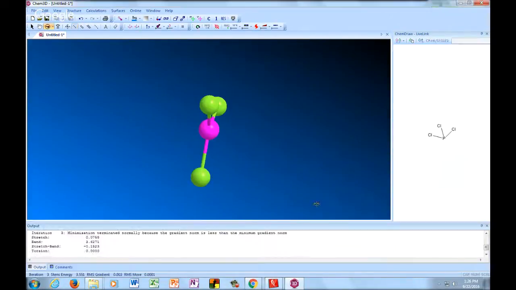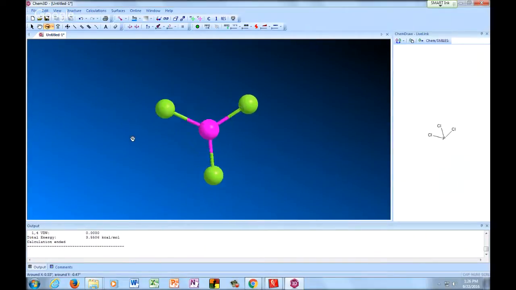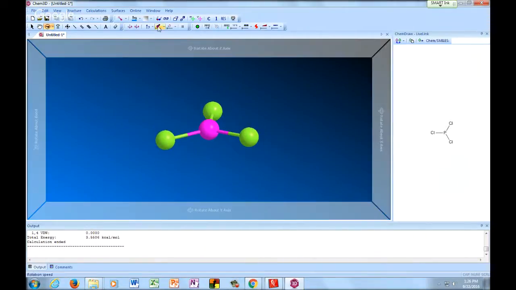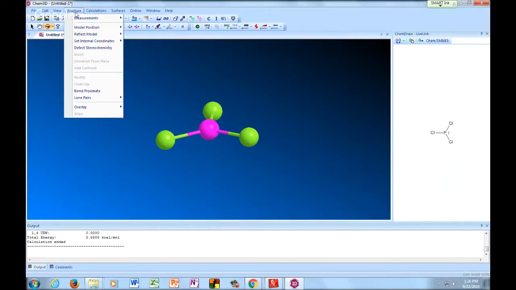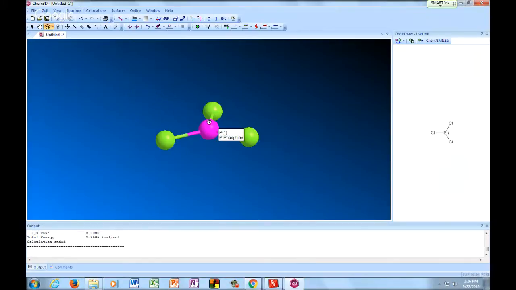Let's see if I can get the thing to go in the right way. Guess not. Let's see, maybe I can. Like a three-sided pyramid, right? Yeah, it's kind of like a three-sided pyramid.